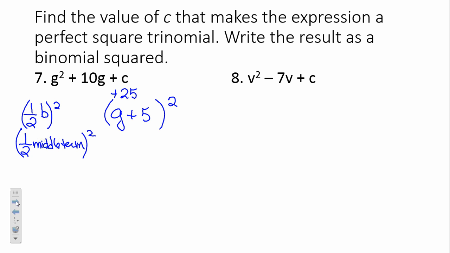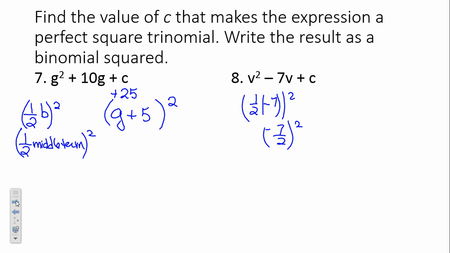Yep. And you can leave it as a fraction. So what is half of 7? 7 halves. If I square 7 halves, guys, I'll have the mental math skills to do this. Yep, exactly.